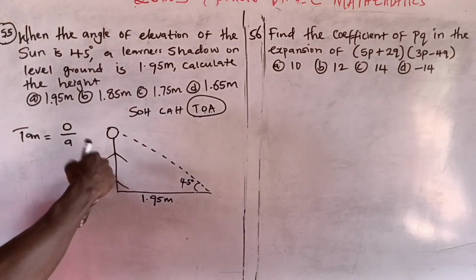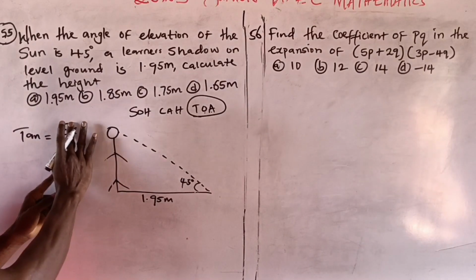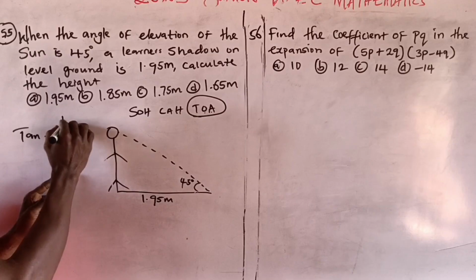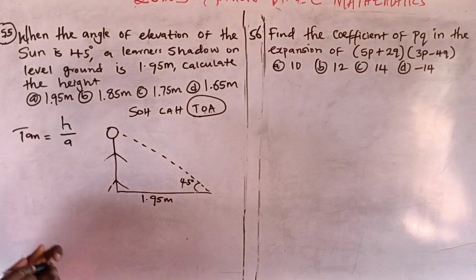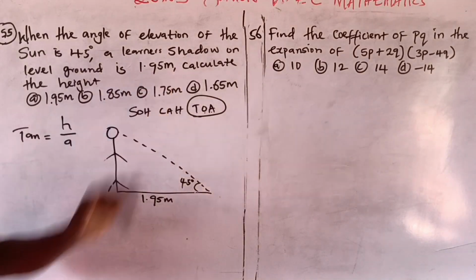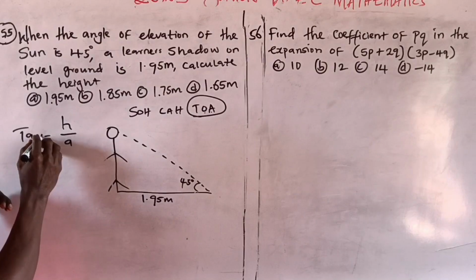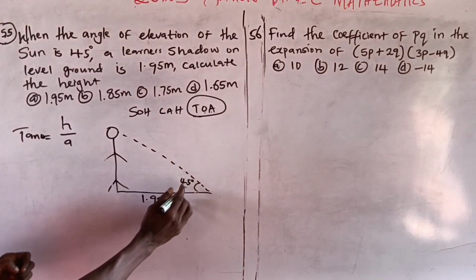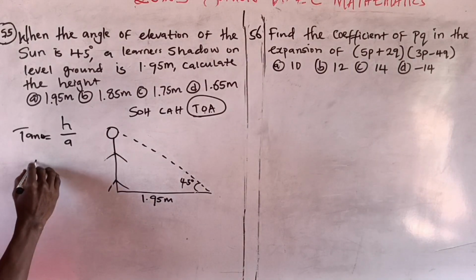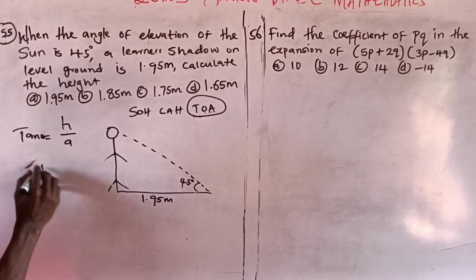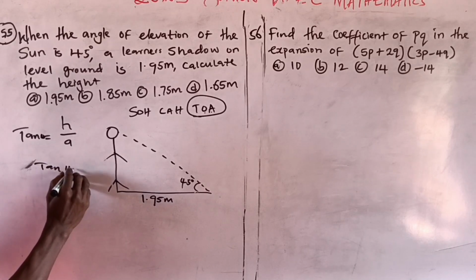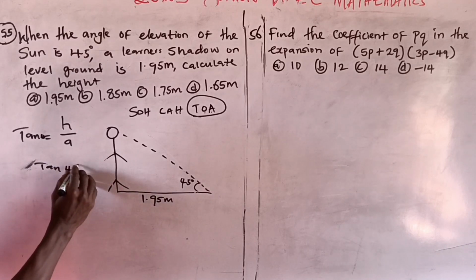And this opposite is the height. I can decide to clean this O and put H, which is the height they want us to calculate. And tan theta, what is the tan theta? Tan theta is 45 degree, right?